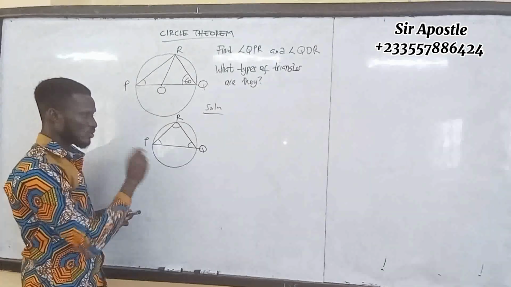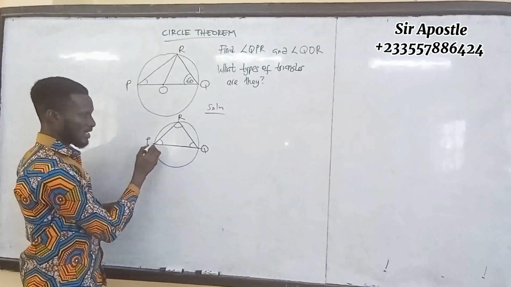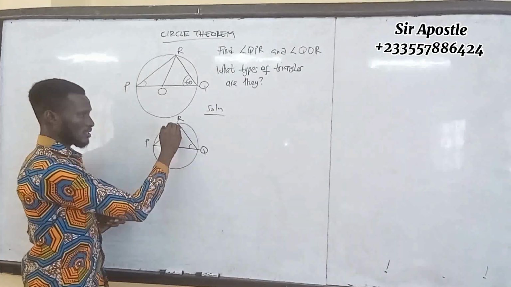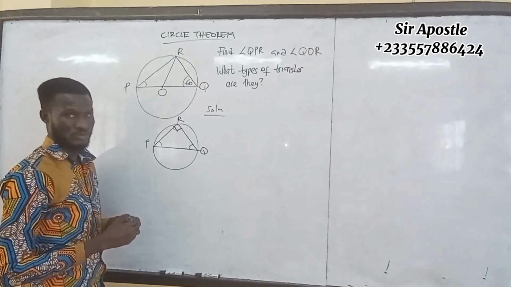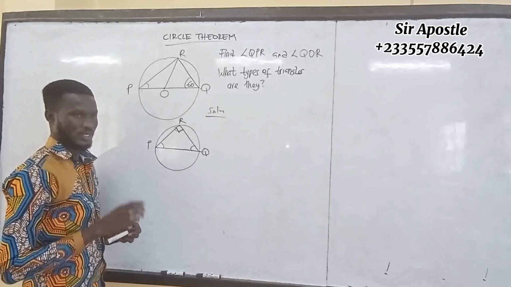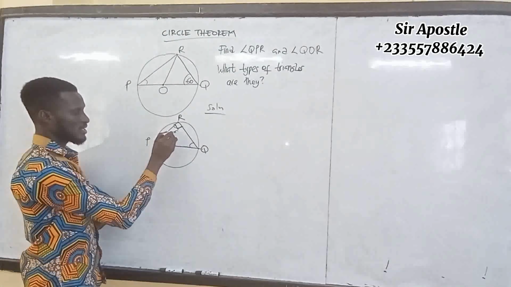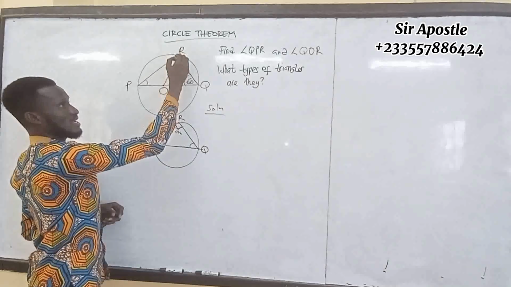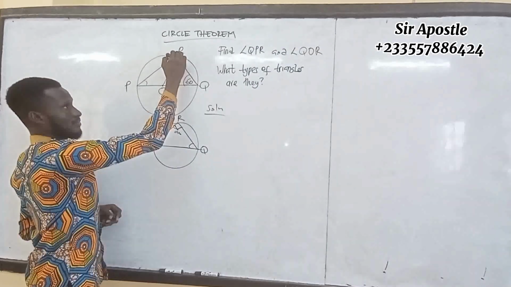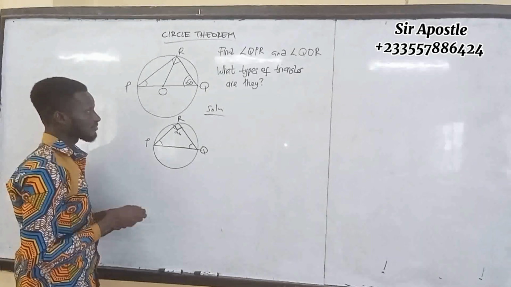But per our diameter rule, since this one is a diameter, then the angle from here is 90 degrees. That is why you have to go back and be watching my videos. Follow me closely and you will understand it very well. So we know already that the angle at R here is 90 degrees.